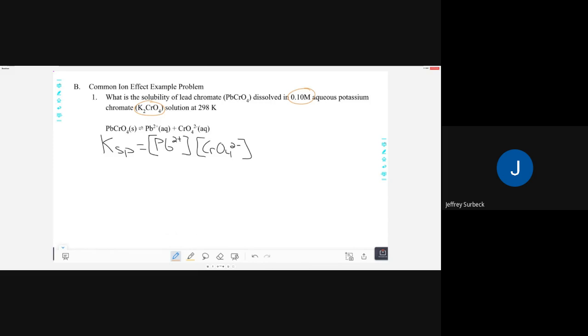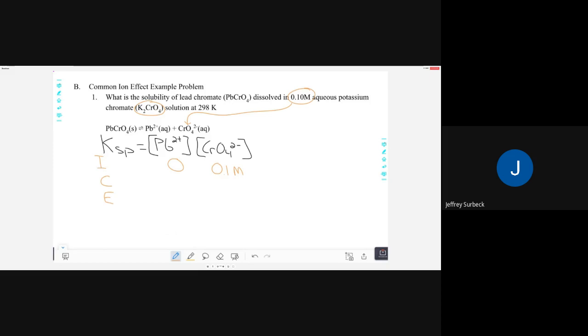It affects CrO4, and it already says we already have some CrO4 at the beginning, 0.1 molar. Does it mention anything about lead? No, so we have 0 of that. What we call this is our initial values, I for initial. Then there's some change to get to equilibrium, E for equilibrium. Our ICE chart, this is what we call it.